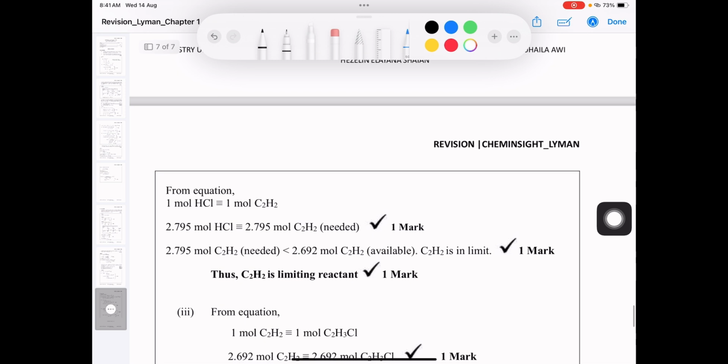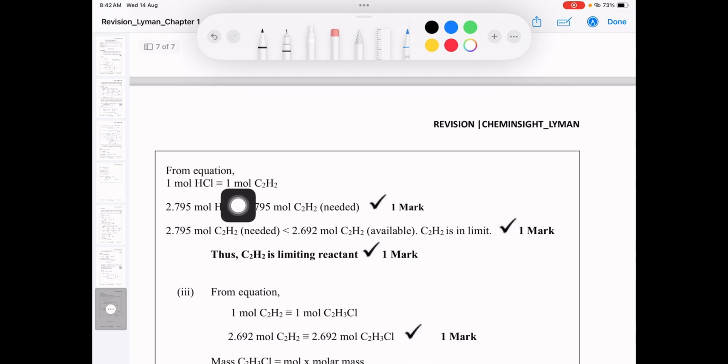Next, from the equation, 1 mole of HCl reacts with 1 mole of C2H2. If 2.795 mole HCl is available, it reacts with 2.795 mole of C2H2, which is the number of moles of C2H2 needed for the reaction.